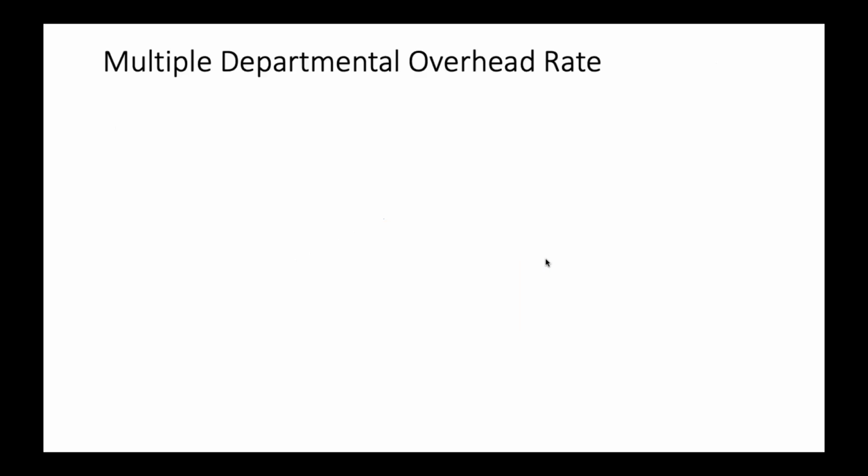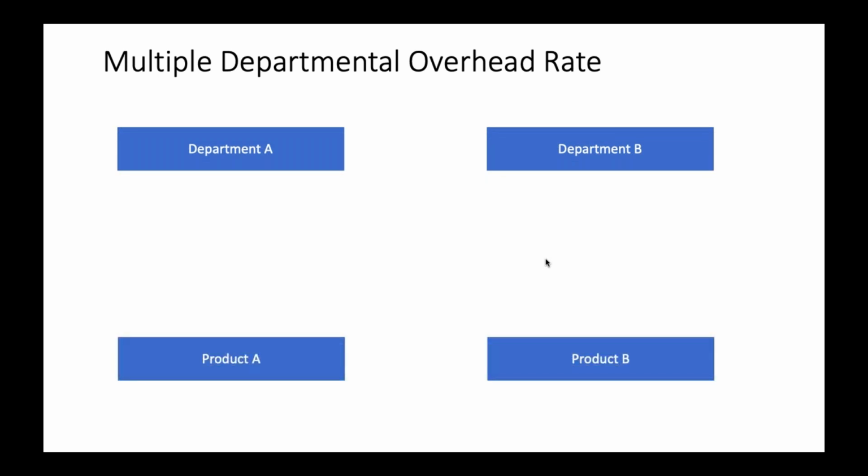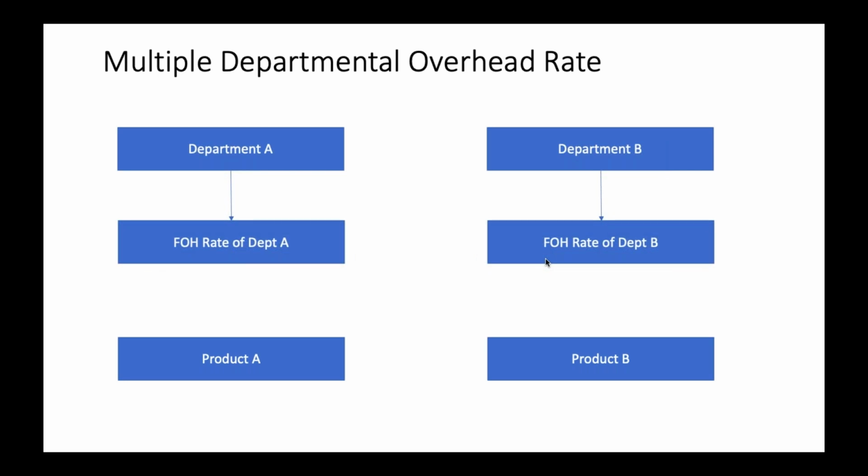As compared to departmental, we have different departments and we are producing, say, two kinds of product, and each department has their own factory overhead rate. The basis of which depends on each department. They may use other bases like number of employees, number of hours worked, machine hours, and other bases.